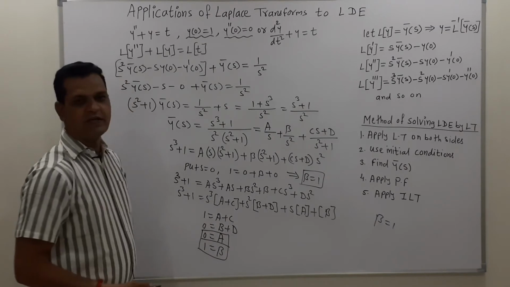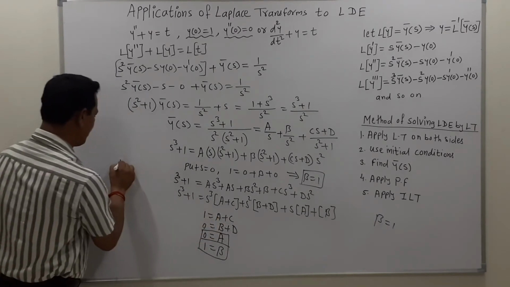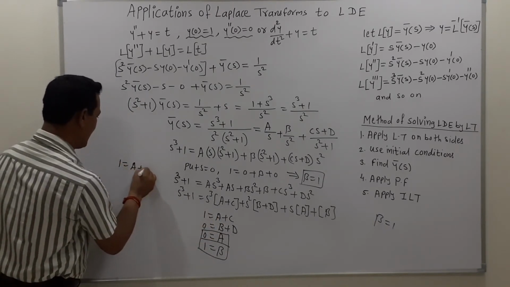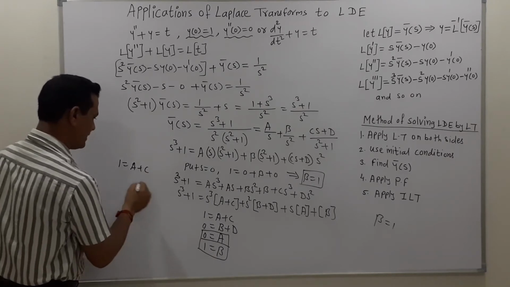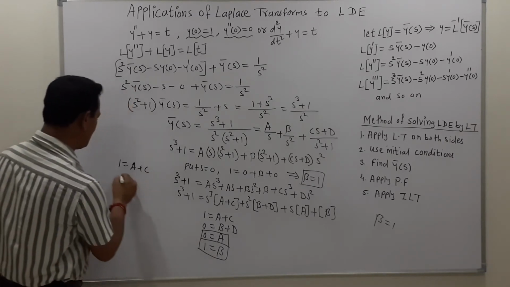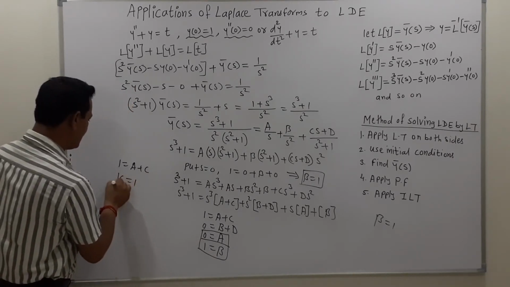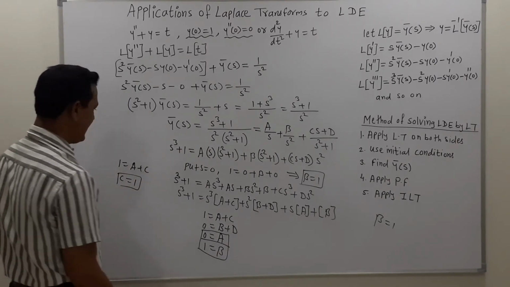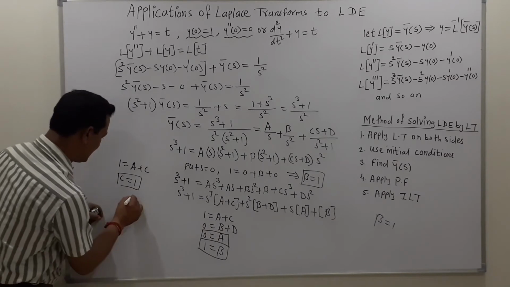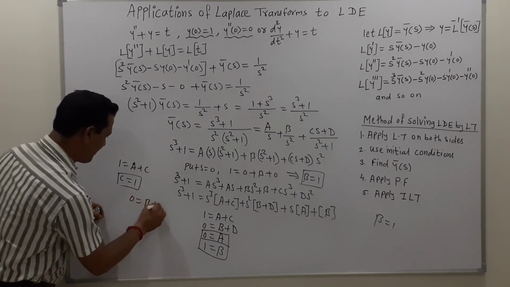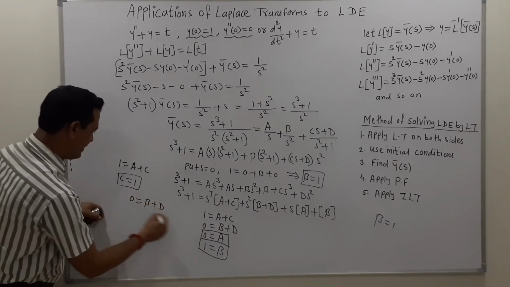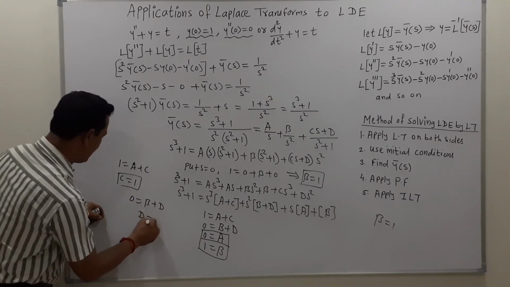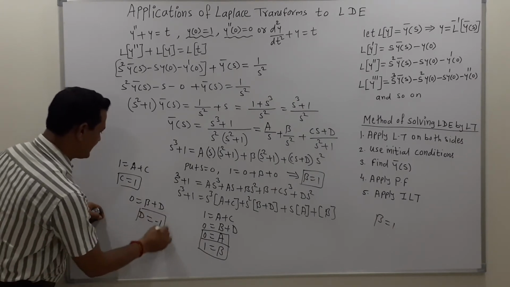Now find the values of c and d. From the first equation, 1 is equal to a plus c, then put a is equal to 0, we get c is equal to 1. Then to get the value of d, we have 0 is equal to b plus d. Now put b is equal to 1, and we get d is equal to minus 1.